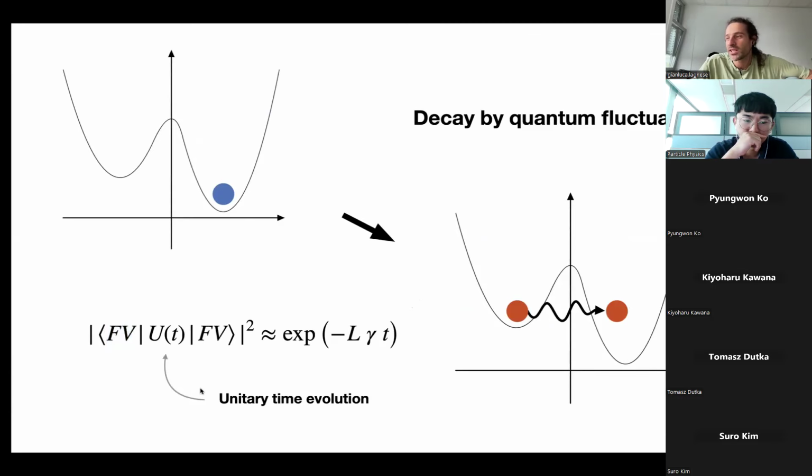We perform unitary time evolution, and then we can see that the probability to stay in this configuration is decaying with time. There are other contributions, but there is some contribution which is suppressing this probability to stay in the initial state. And then we are trying to understand if in this kind of model we can characterize this parameter, the decay rate.